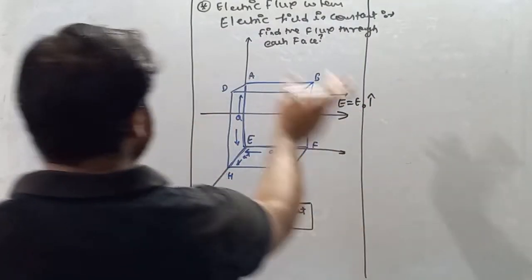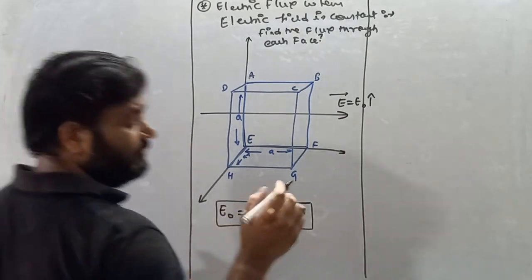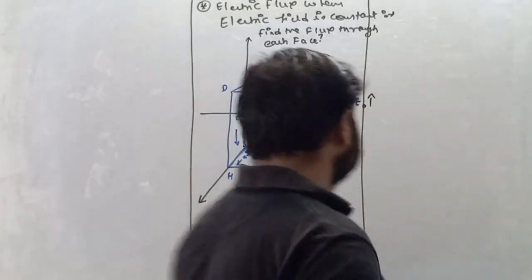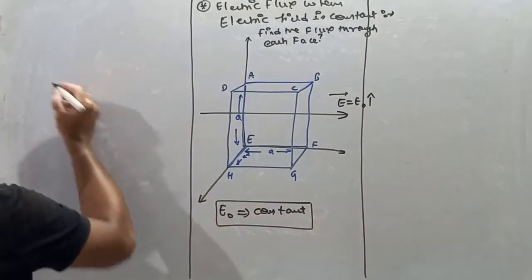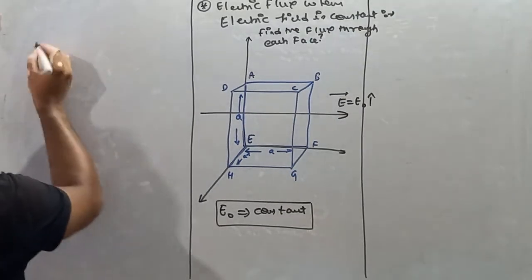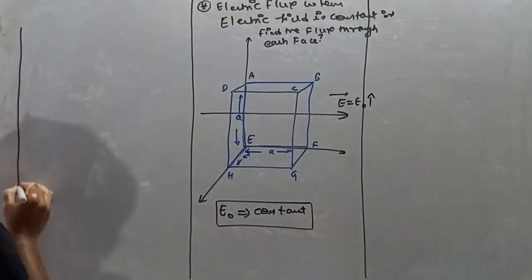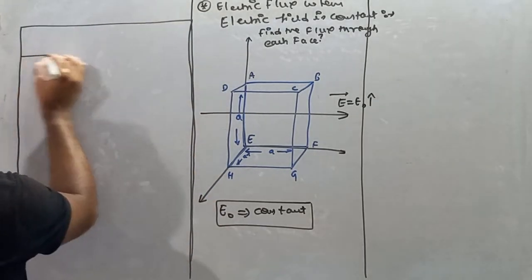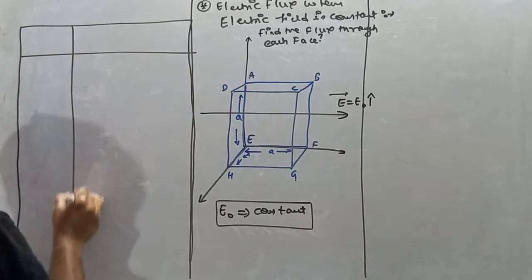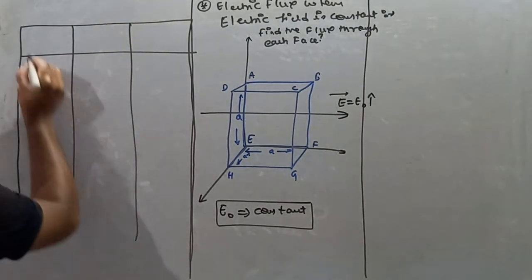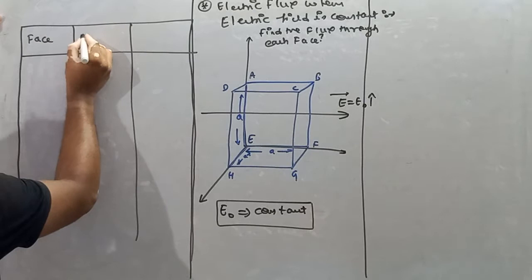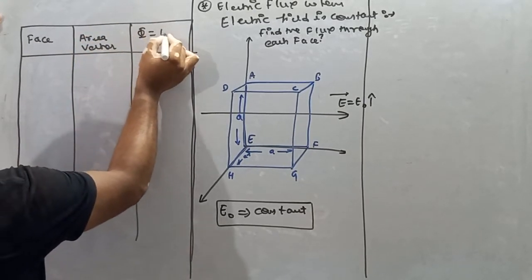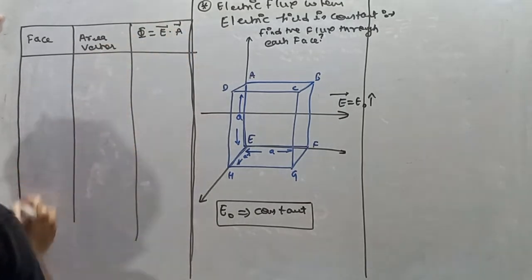We know that any cuboid has 6 faces, and we already discussed the area vector of each face of the cuboid. If not, then try to understand now. I'll make a table with 3 columns. In the first column I'll write face, in the second column area vector, and in the last column flux, which is equal to E vector dot A vector.